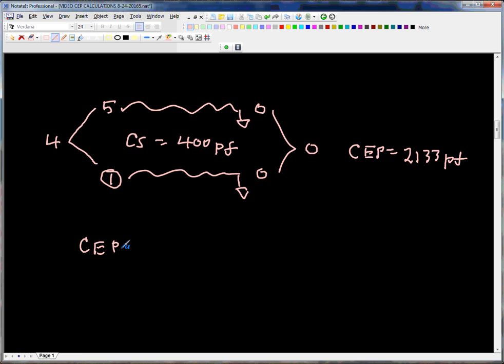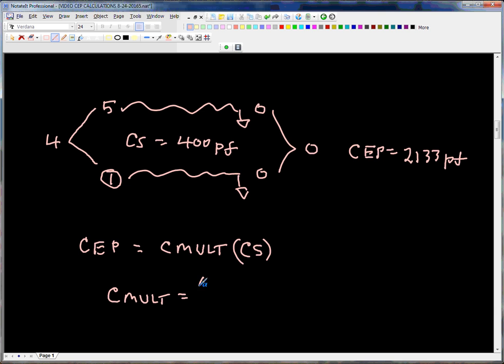We would have CEP1 in this area, CEP2 in the next one, but for now it's CEP equals C multiplier, that's good enough, times CS. It's as simple as that, but what's C multiplier? CS we know, it's right here, or we can calculate as I showed you. But what's C multiplier? Well, here's what it is.